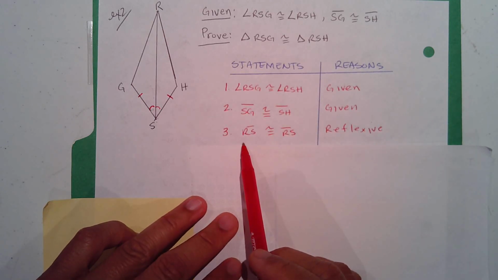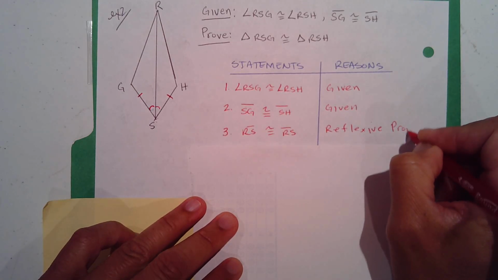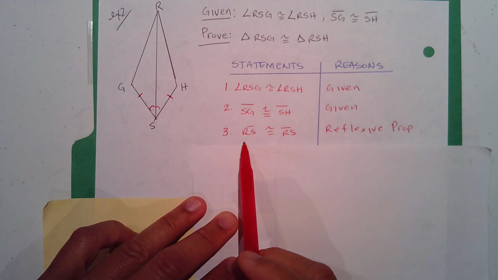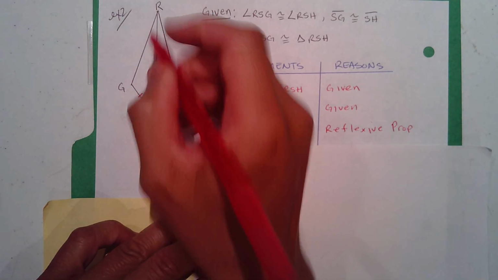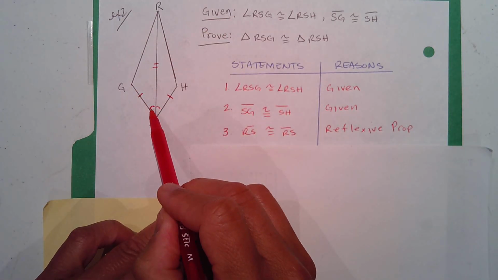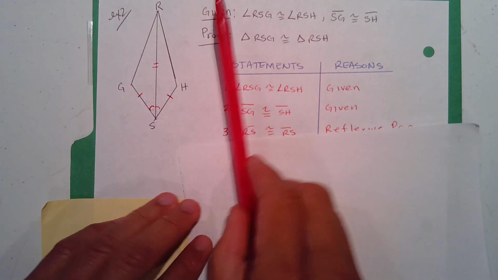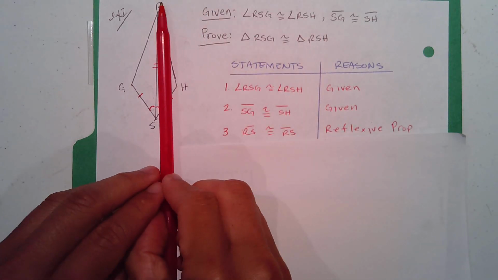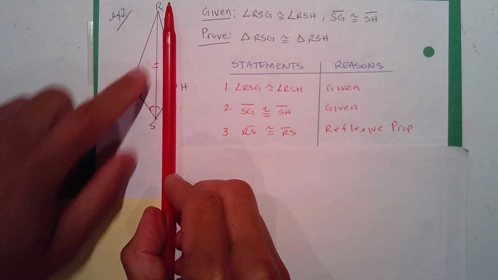So RS is congruent to RS, the reflexive property. Well, look what we have here. We have a side, we have the angle, and we have another side. Notice the angle is between the two sides that are congruent.